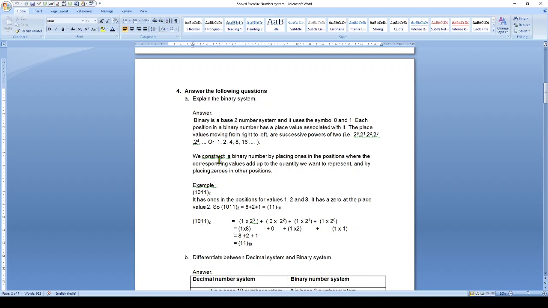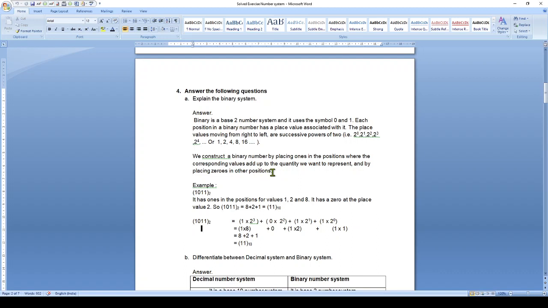So we construct a binary number by placing ones in the positions where the corresponding values add up to the quantity we want to represent, and by placing zeros in other positions.